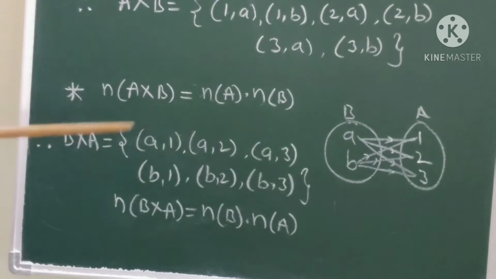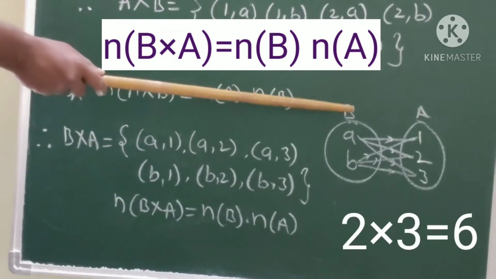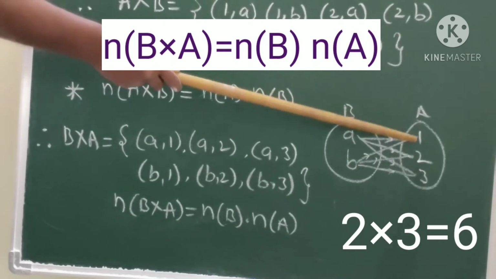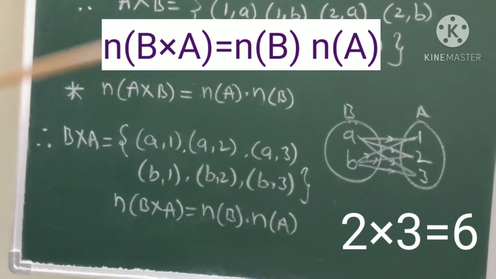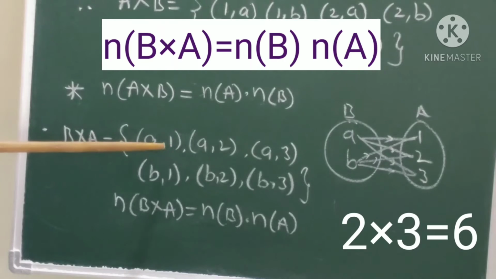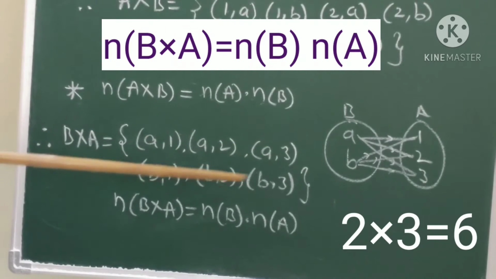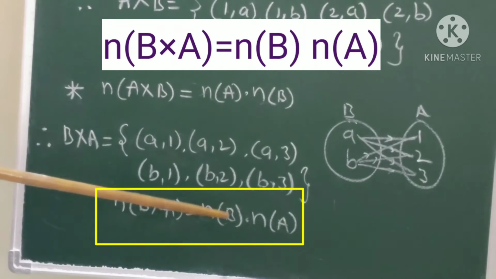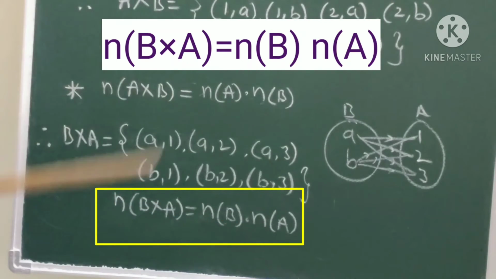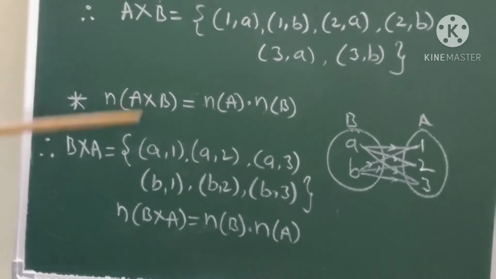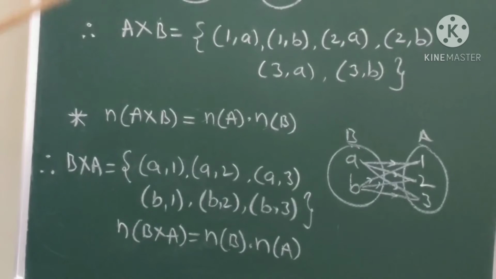So here also we get the maximum number of ordered pairs, that is n of B, how many elements in B? 2. n of A, how many elements in A? 3. 2 into 3, 6. Here also we get 6 ordered pairs, that is 1, 2, 3, 4, 5, 6. That means n of B cross A is equal to n of B into n of A. That means the number of ordered pairs in A cross B is equal to that in B cross A, but they are not the same ordered pairs.